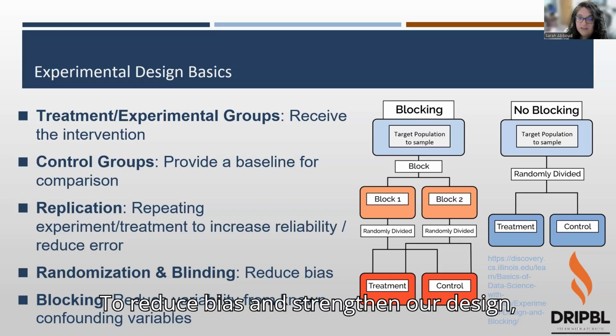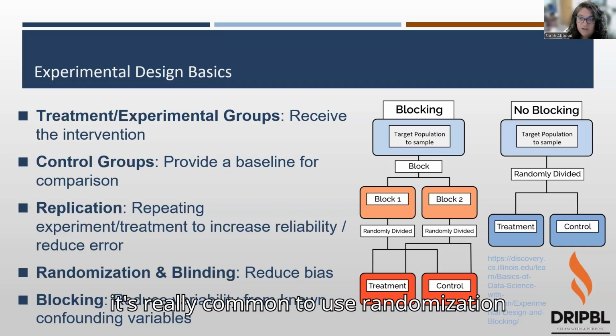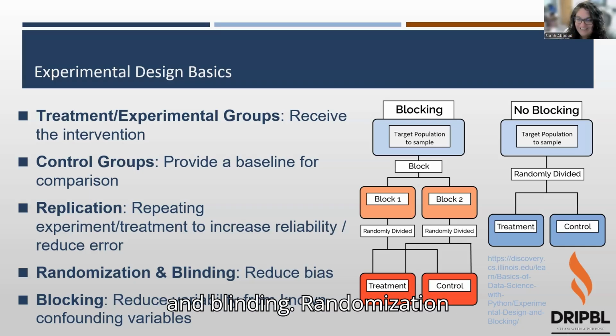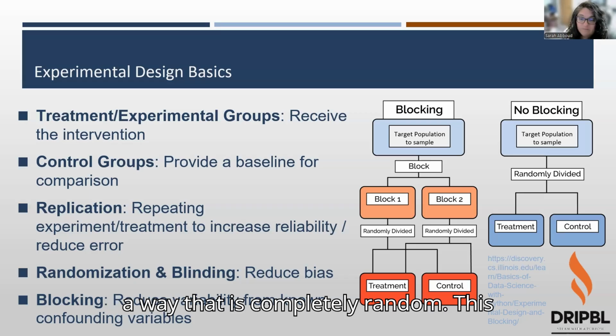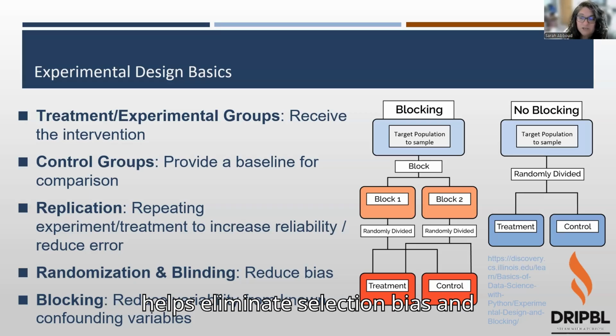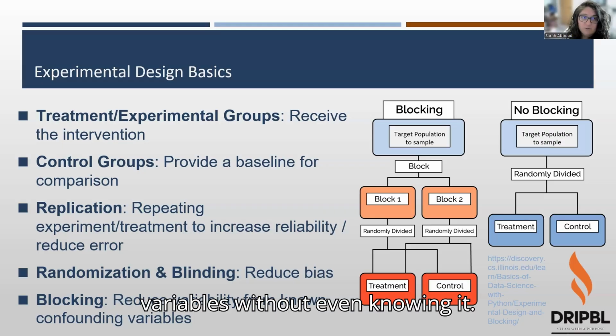To reduce bias and strengthen our design, it's really common to use randomization and blinding. Randomization refers to assigning participants or samples to treatment or control groups in a way that is completely random. This helps eliminate selection bias and balances out unknown variables, so potentially reducing those confounding variables without even knowing it.